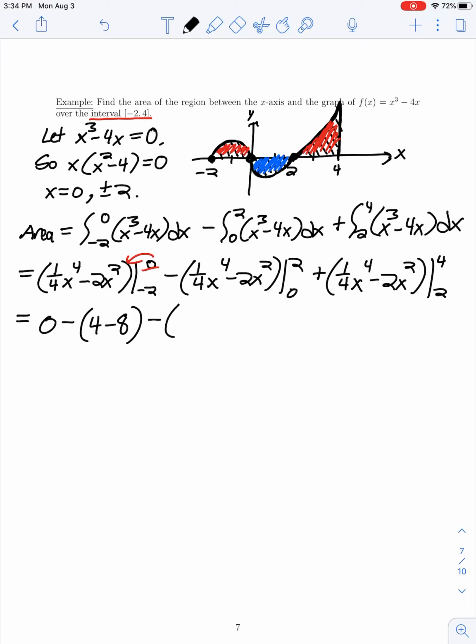Then we are subtracting our next piece, so evaluating at the upper limit, x equals 2, we would have 4 minus 8, and then we subtract what we get when we substitute 0 in, but of course we see that we have 0 when we evaluated 0.